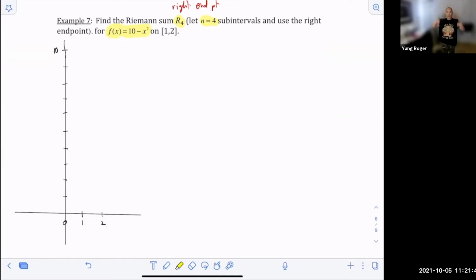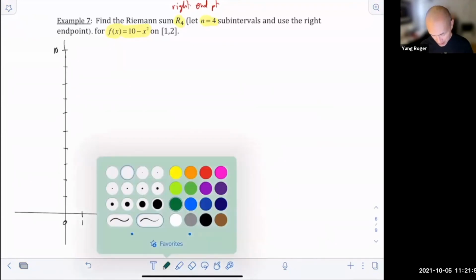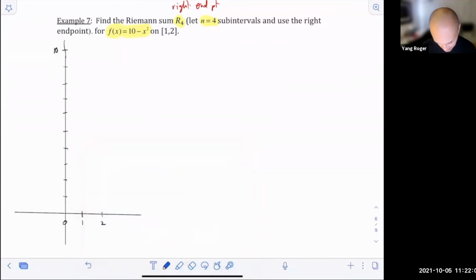So you get a parabola that opens downwards, and its vertex is at 0, 10. Sorry, the graph looks something like this. Here's the vertex 0, 10, and it comes down like this. Something like that.